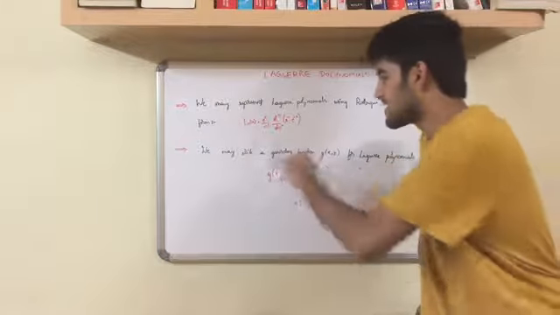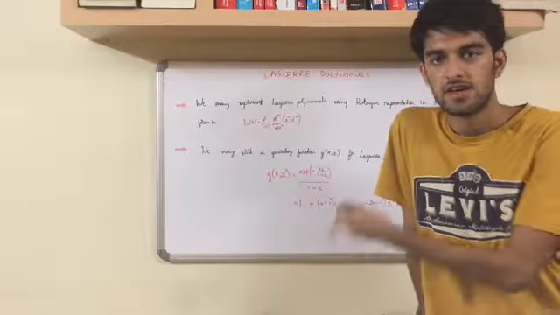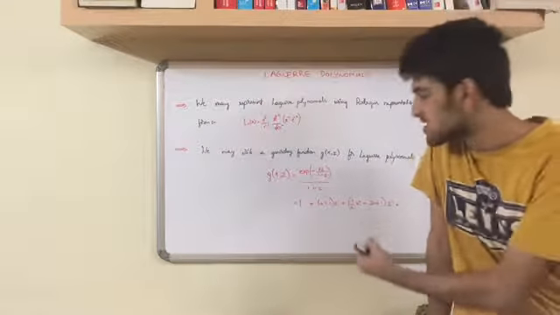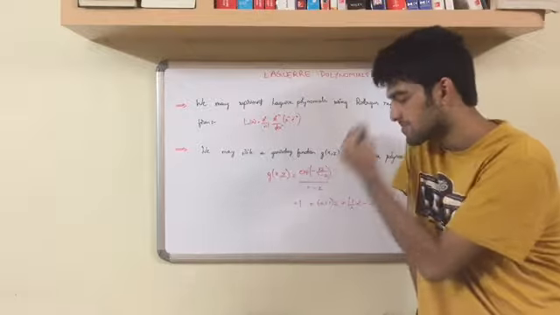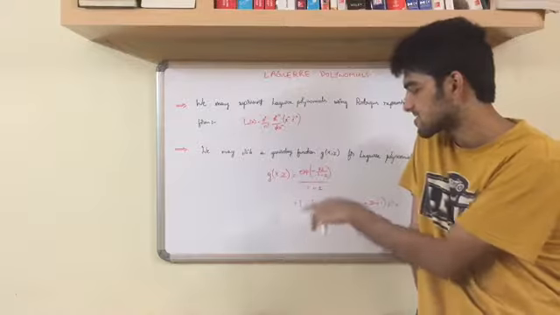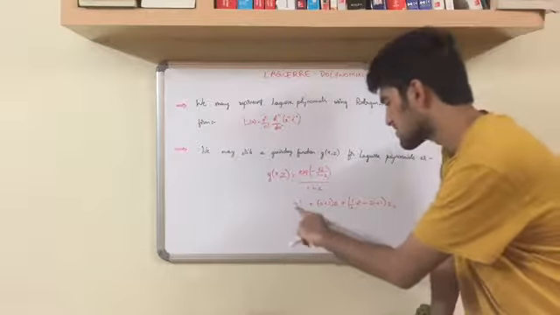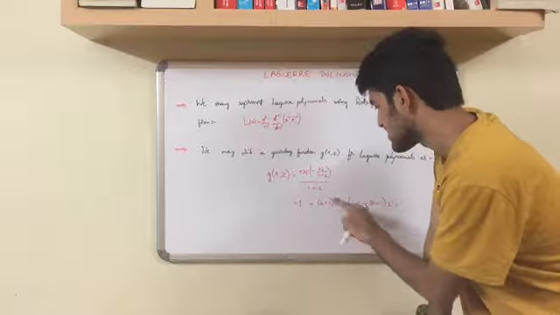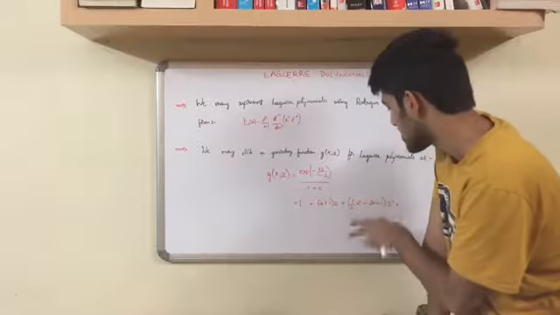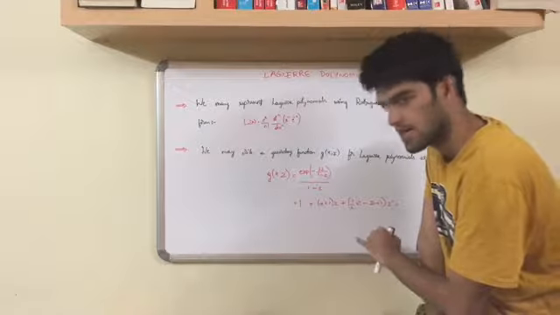And then we can also write a generating function g of x comma z for Laguerre polynomials, where g of x comma z is equal to exp of minus x z by 1 minus z, the exponential function, whole divided by 1 minus z. And this gives rise to 1 plus minus x plus 1 z plus half x square minus 4x plus 2, and so on.